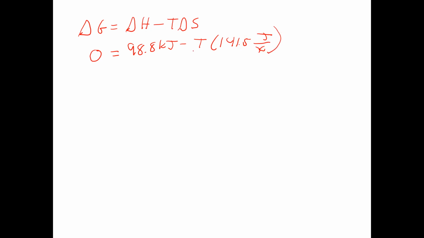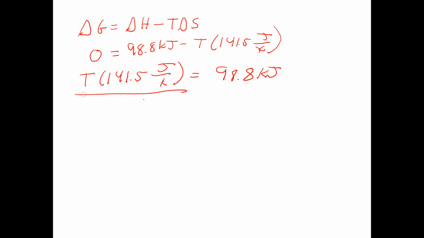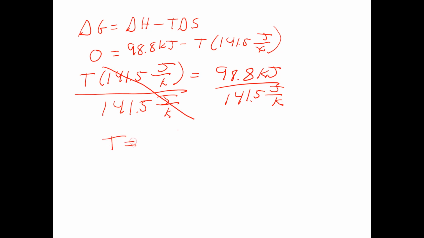And we need to get temperature by itself, so I'm going to add the T delta S term over to the other side so that I can work towards getting T by itself. And I'm left with 98.8 kilojoules on this side. And then I'm going to divide both sides by delta S. So that gets rid of my delta S and gets T by itself.